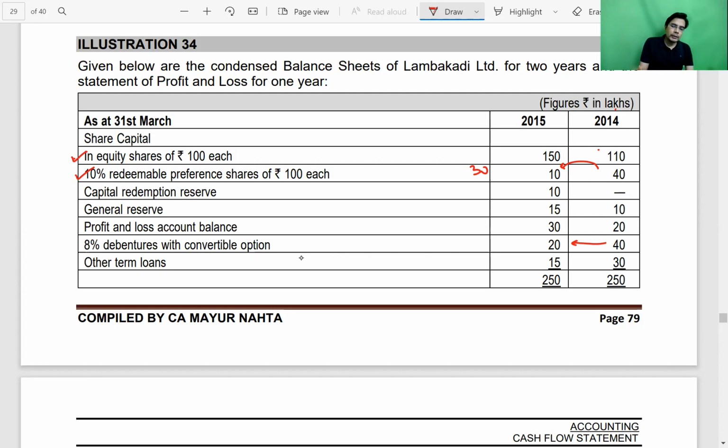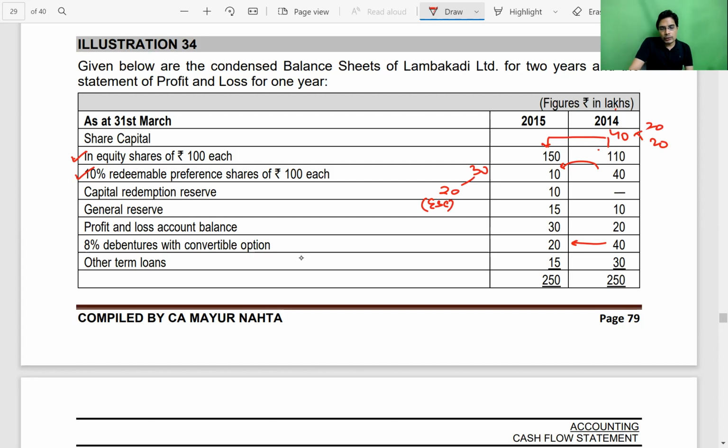In this question, if you observe, up to 20 lakh rupees restoration has been done by issuing equity share capital. We have issued 40 lakh equity share capital, but in that 40, 20 lakh equity shares have been issued to redeem the debentures, and the balance 20 has been issued for cash.